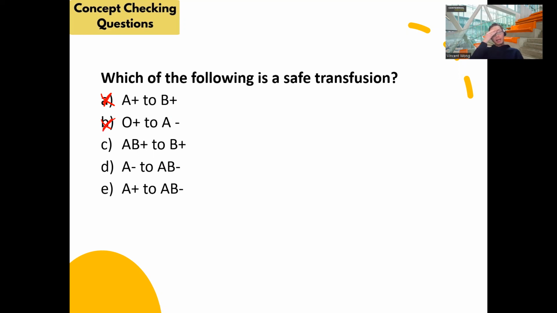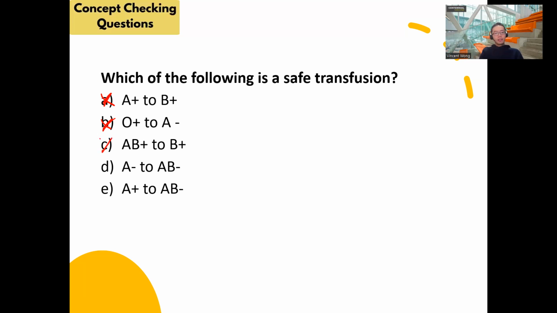Some of you might say, but you said it's okay to do it once, right? When we do these transfusion questions, we always assume we want to prevent sensitization as well. So even that one free chance, we're not going to do it. Positive cannot be given to negative, ever, for these kinds of transfusion questions.